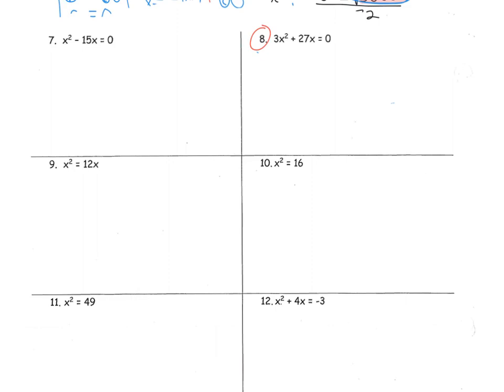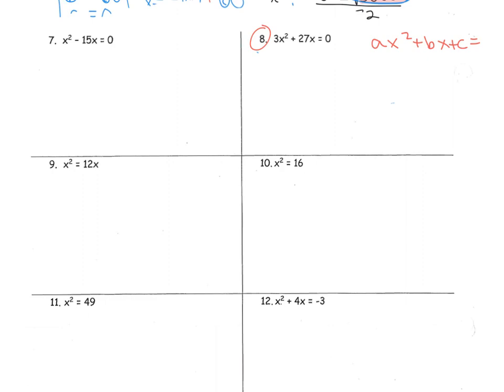So before we can do anything, we need to always make sure, is this in standard form? Ax squared plus bx plus c equals 0 form. And it is. Here's my a value. Oops, sorry. So my a value is this 3. My b value is 27.